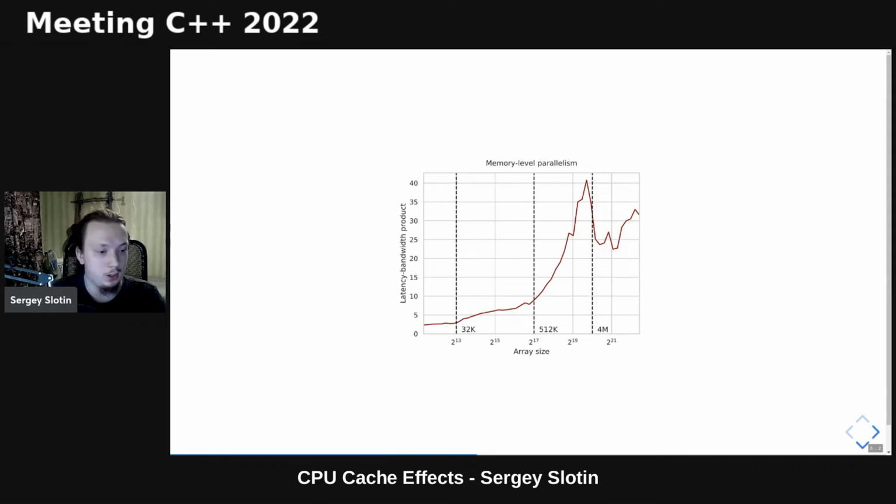The latency of the L1 and L2 caches is small anyway, so there is no need for a long pipeline of pending requests. But for larger memory types, there is such a need, and they can sustain 25 to 30 to 40 concurrent read operations.